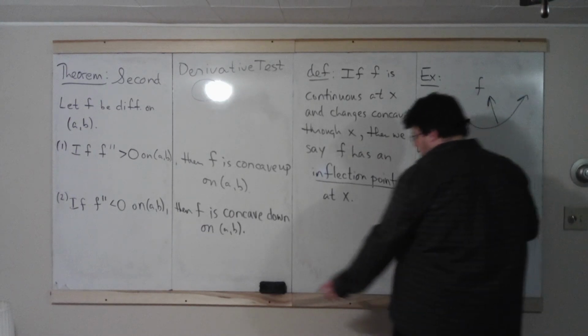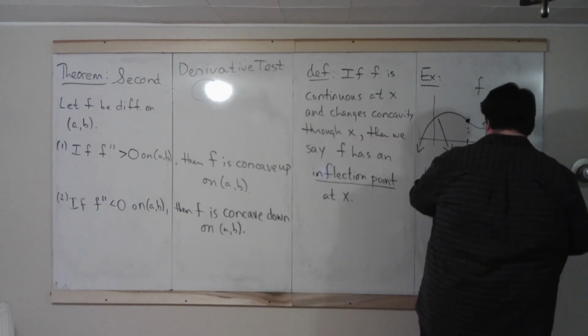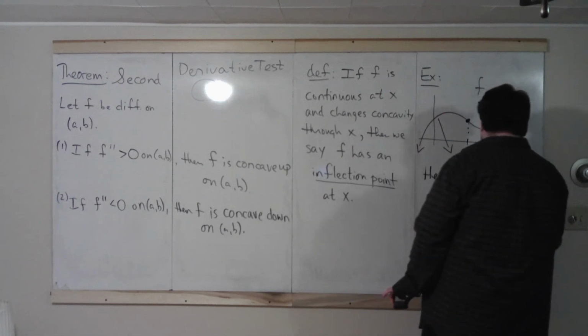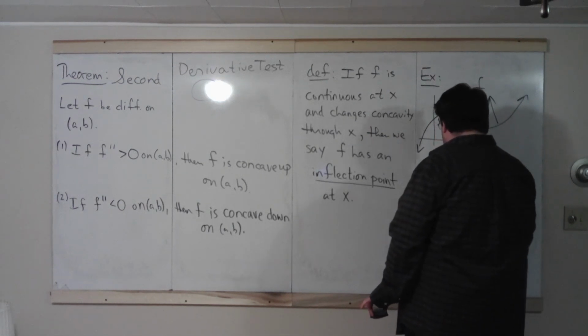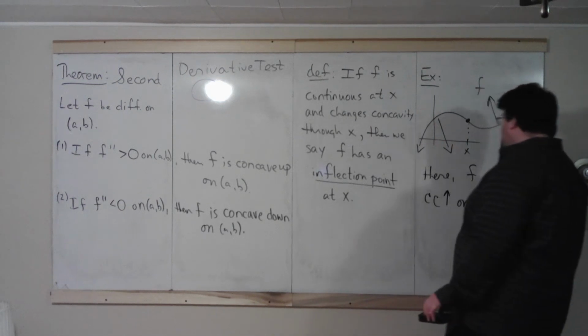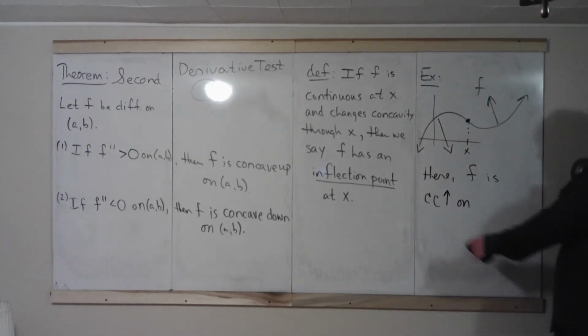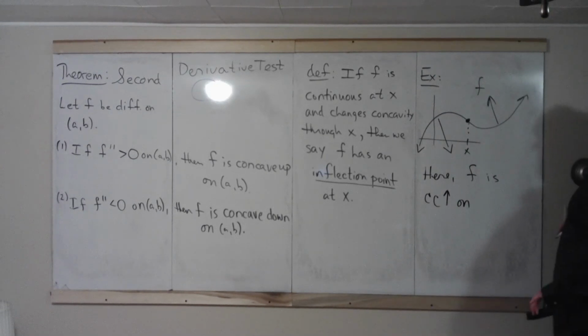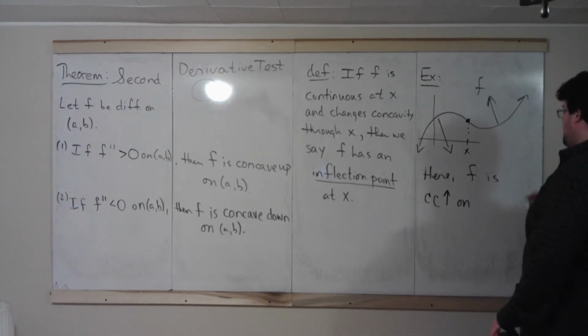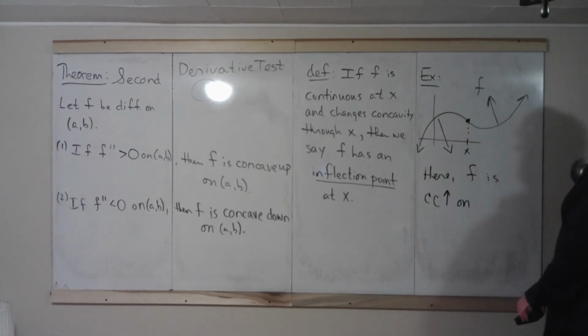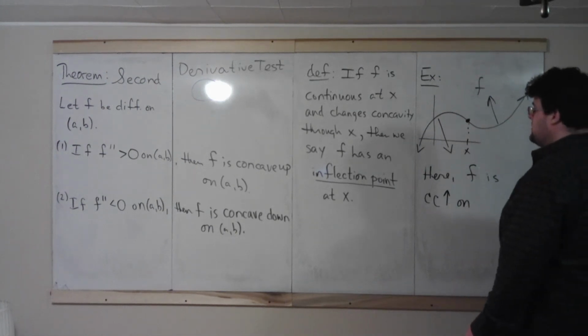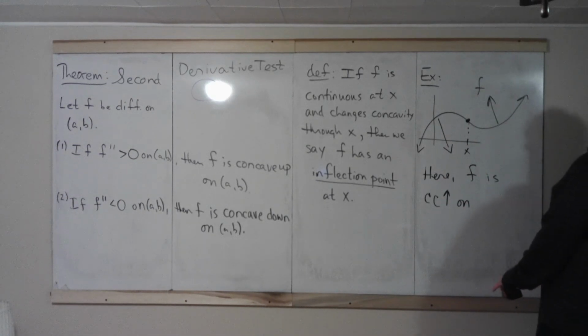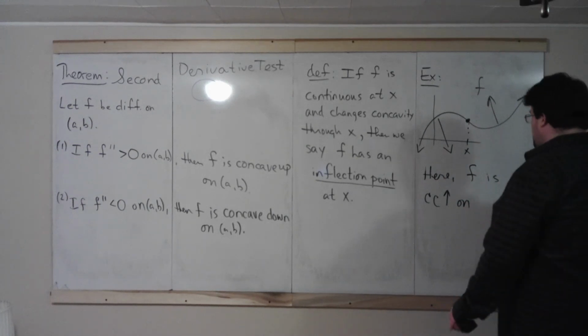So here, f is concave up on where? Concave up, that's a pretty long word, so I'll write CC with an arrow pointing up. Concave up itself is a lot more strokes. And down, that's an even longer word.